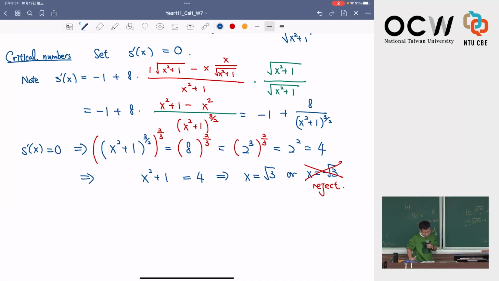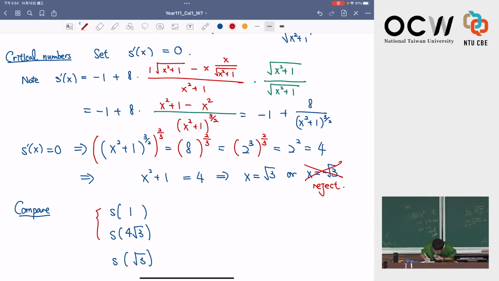And once you obtain the critical number, you just need to compare with the boundary point to figure out which one is the absolute maximum and minimum. So compare, as of, okay, the boundaries are 1 and 4 root 3. And then you have one critical number that happens at square root of 3.